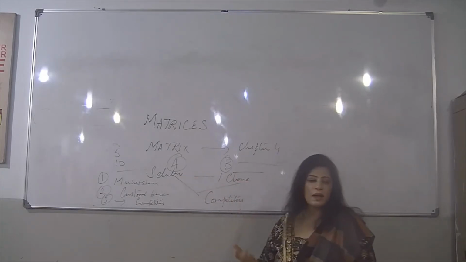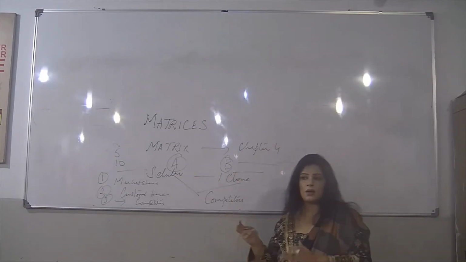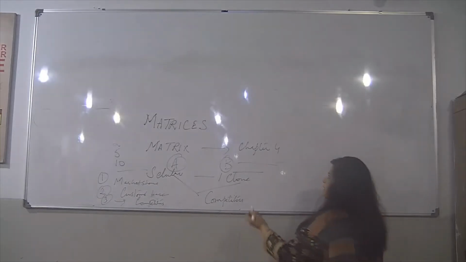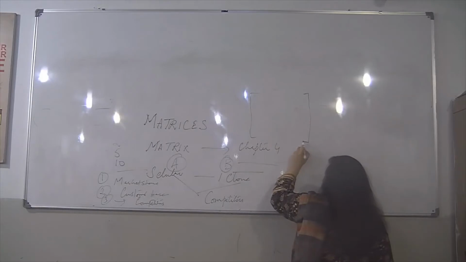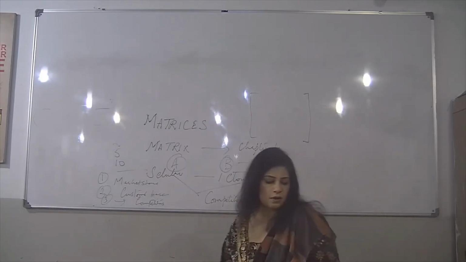So in this way, matrices are aligned, and you can place the matrix in this way. You can just have a box type thing. Okay, I'm just going to be rubbing this part.